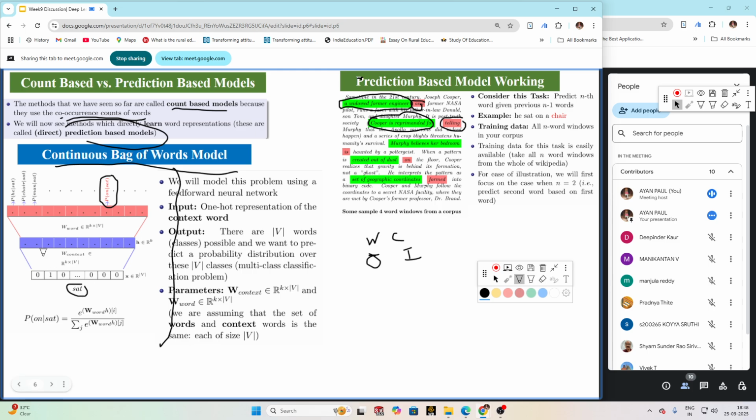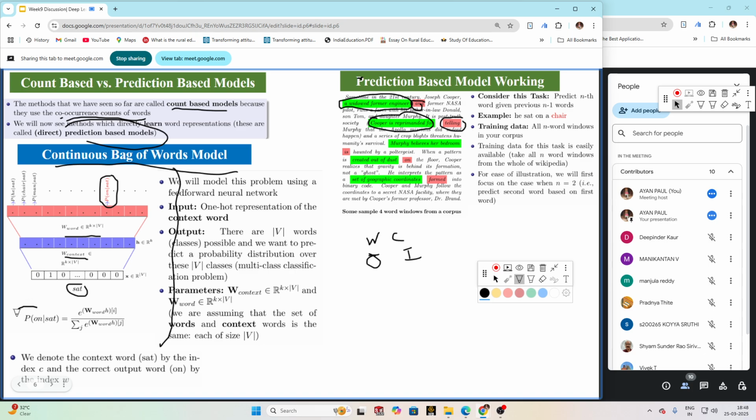So we will make this a neural network model. In the neural network model, the parameters are the weights, W context and W word. Two things are important.